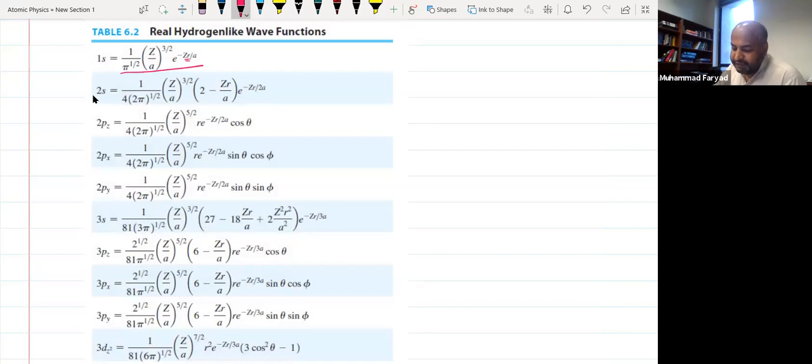And because it's independent of theta and phi, it means that if I draw its polar plot for the 1s orbital, I should get a circle, because for any theta and phi, it's giving the same magnitude.